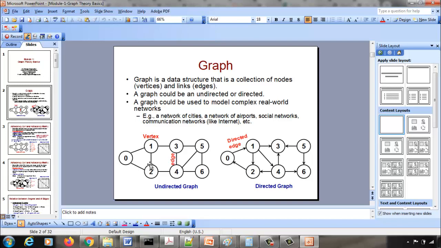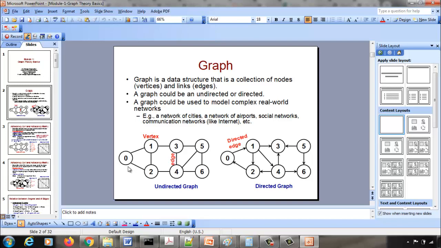Social networks like Facebook, so 0 and 1 know each other, friend for each other. 0 and 2 are friend of each other, so these could be modeled as an edge. Communication networks, you could have each node as a router or a network, and if there's a link between two routers or two networks, then you have an edge in the corresponding graph.